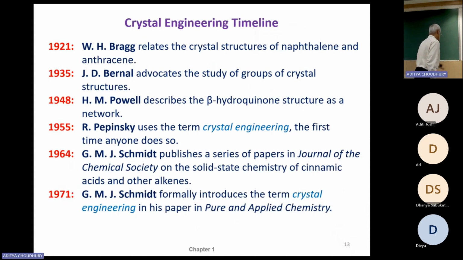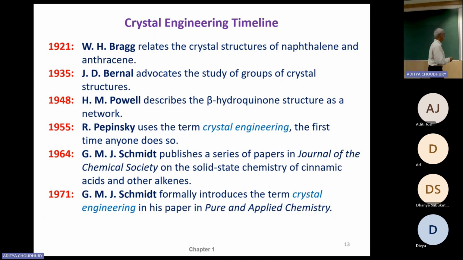Okay, the timeline. I'm going to take another two or three slides to show some of the things given in the book. In a timeline, you can put in anybody's work. Anyway, we are very selective in putting Bragg's work on crystal structure. He was the first one to determine an organic compound, and then Bernal said that groups of crystal structures correlate, and how they are related, and how you can talk in terms of similar types of interactions.